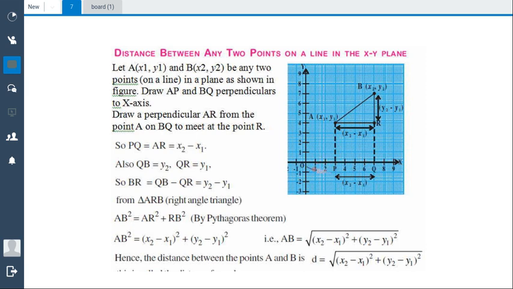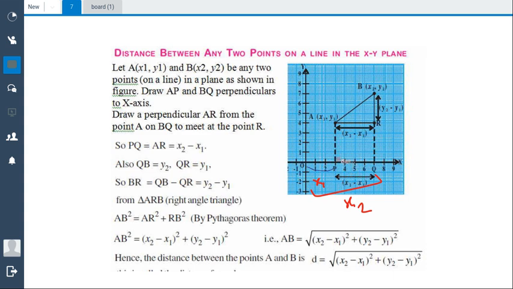O to P represents the x coordinate. As I already told you, in the ordered pair (x1, y1), x1 represents the distance from the point to the y-axis and y1 represents the distance from the point to the x-axis. So O to P is x1, and O to Q is x2.